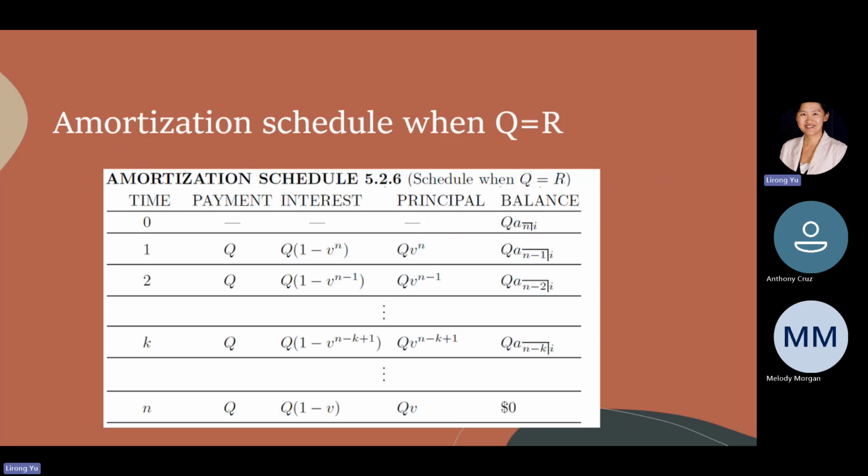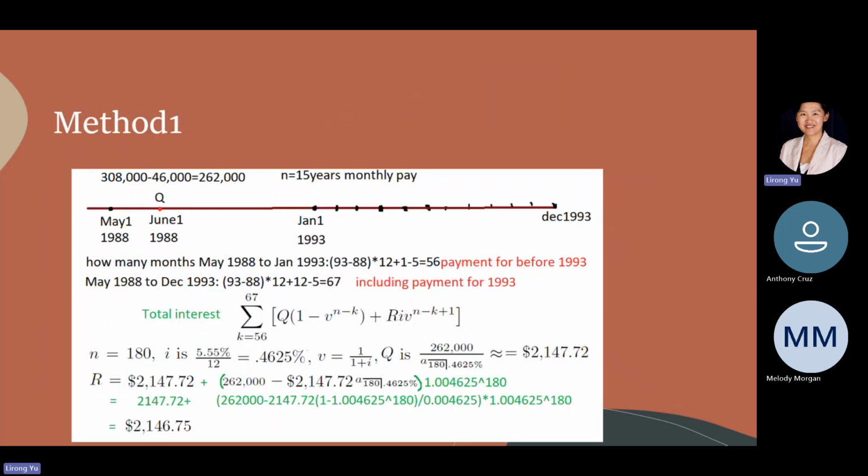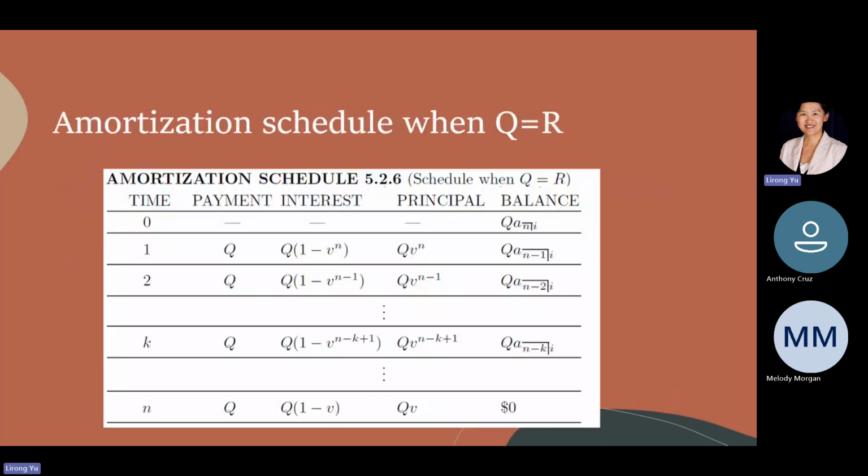When Q equals R, it saves a lot of trouble. We don't have to worry about having that R or RV. The discount of R is no longer in the formula. It's a more standardized way to look at it.